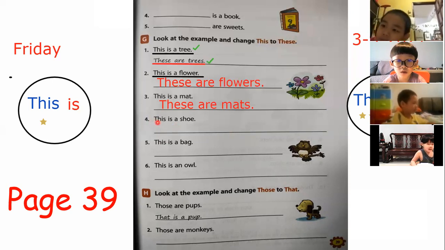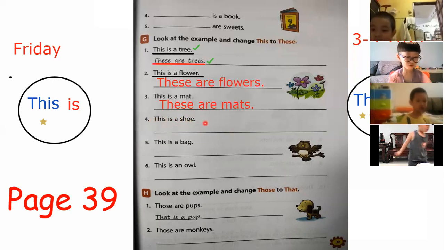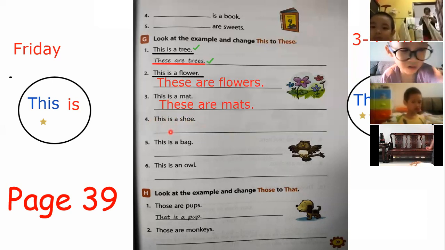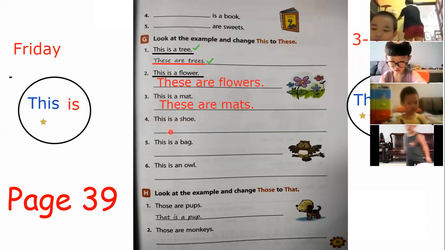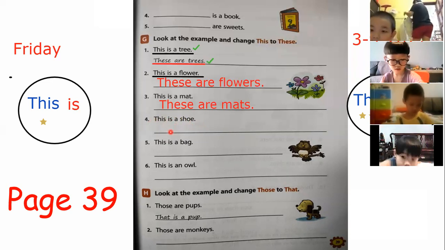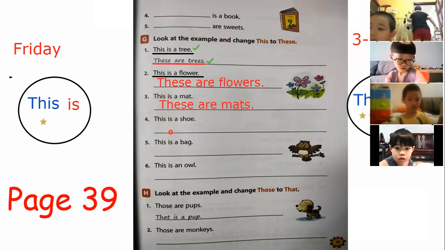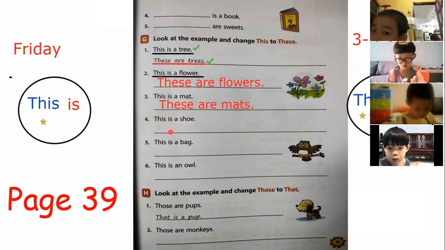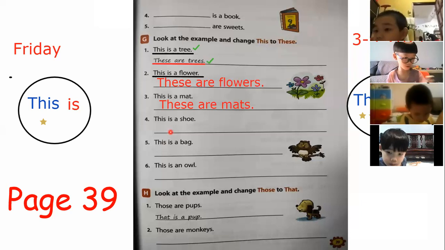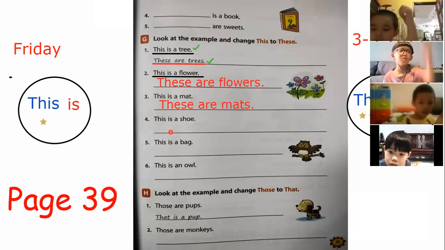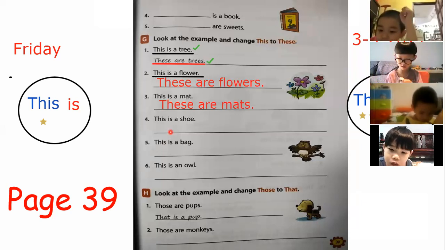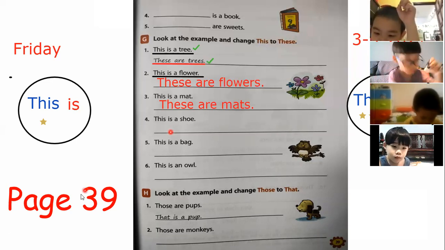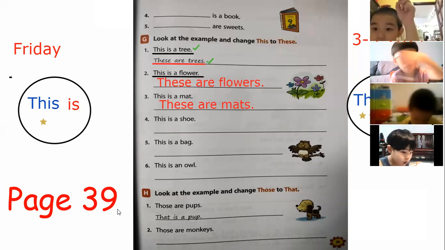So Yuhao, over here, this is a shoe. That means there is only one shoe. So if you want to make it a plural noun, if you want to say there are more shoes, how are you going to tell that? Right.